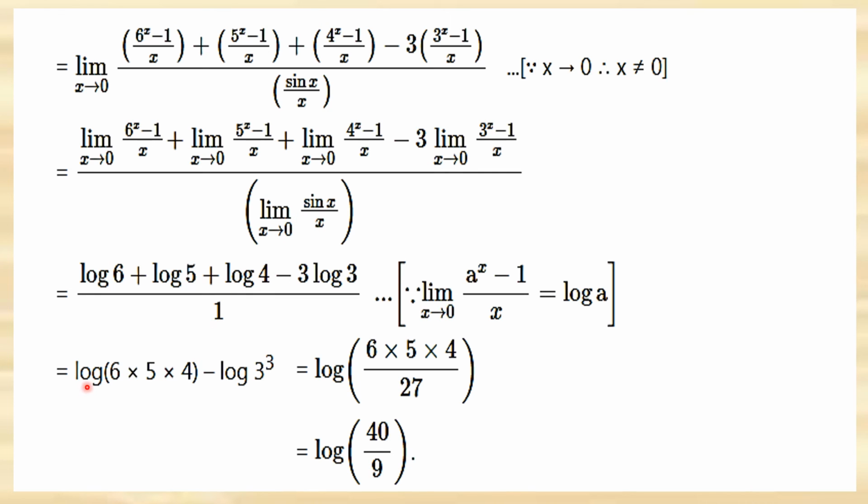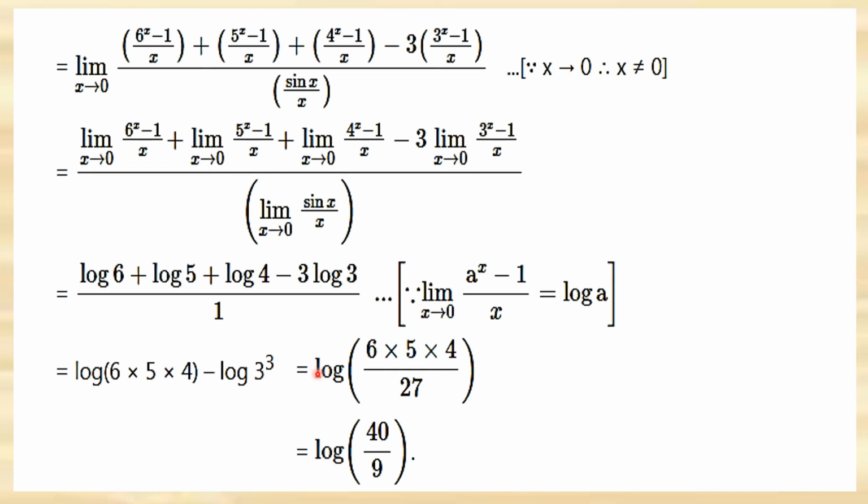So for these three terms we have to apply the logarithmic rule, that is log a plus log b plus log c form, that is log a into b into c, that is log 6 into 5 into 4. Minus 3 log 3 can be written as log 3 cube.